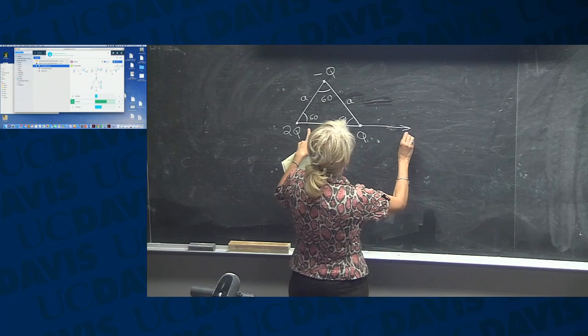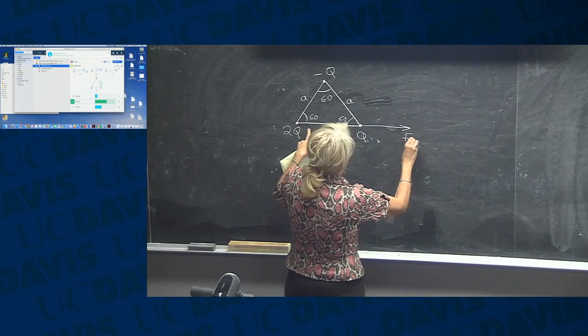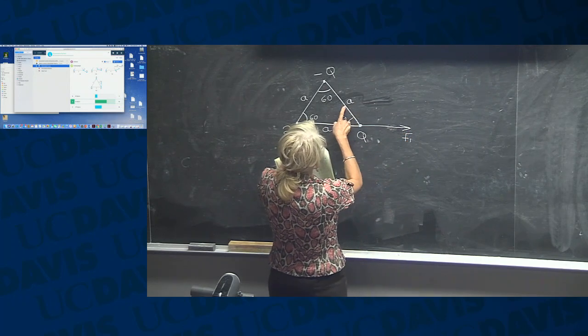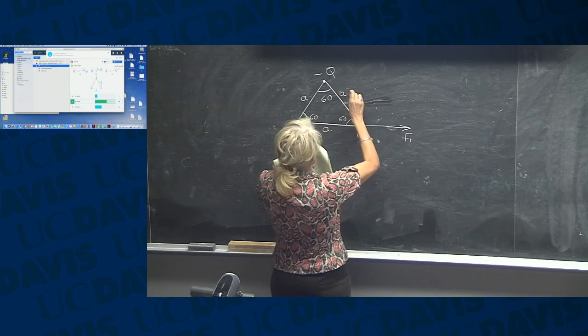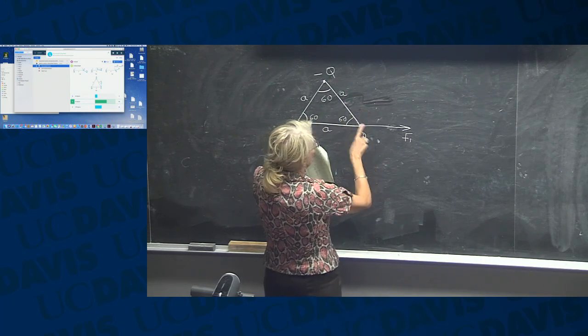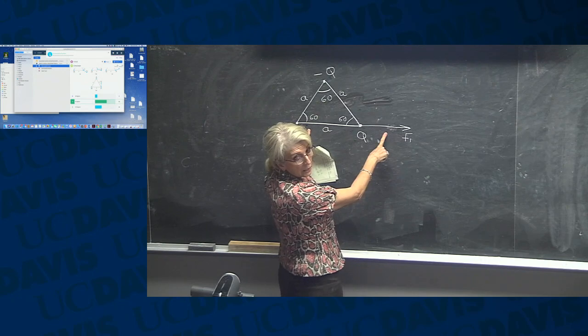And then we call this force F1. The force here, this is A, between these two is going to be half of it. Why is that?